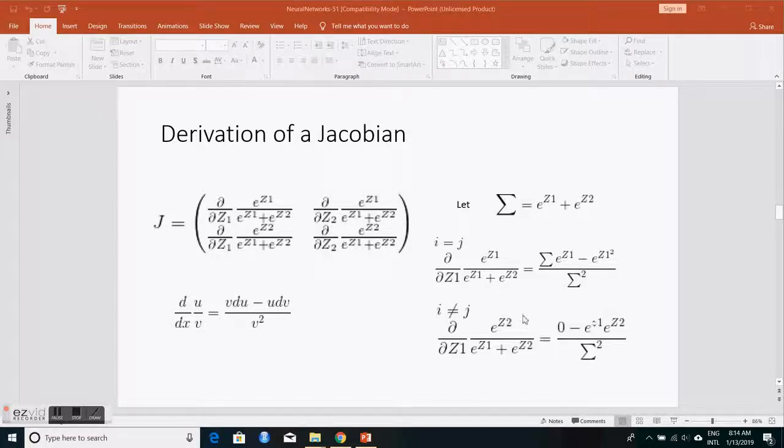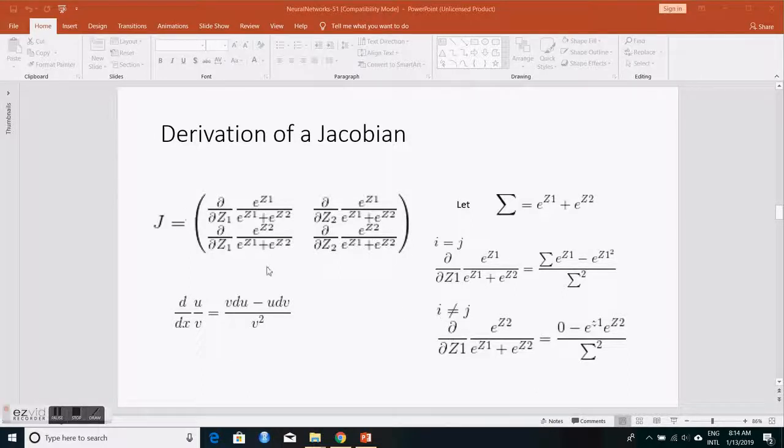So if you use this division rule, I have sigma, which is the denominator, times dou by dou z1 of e power z1, which is e power z1, minus u, which is e power z1, times dou by dou z1 of the denominator, which will again be e power z1, so you'll get e power z1 squared, divided by v square. v is e power z1 plus e power z2, which is sigma, so it's sigma squared.